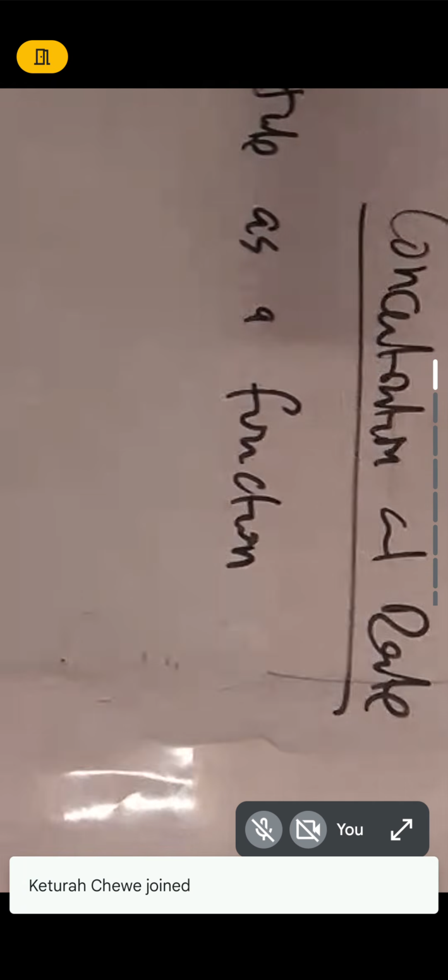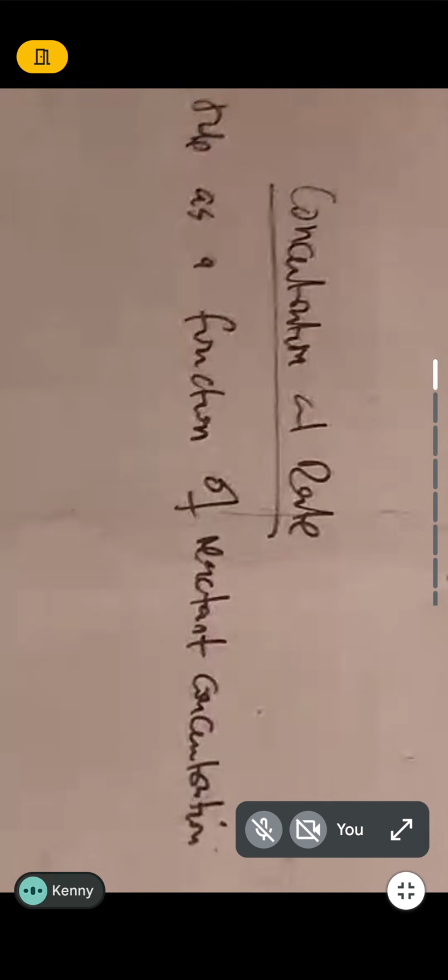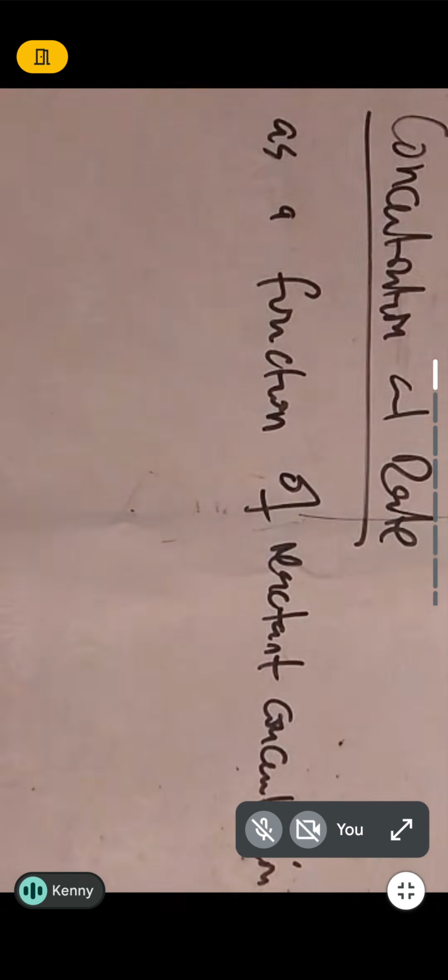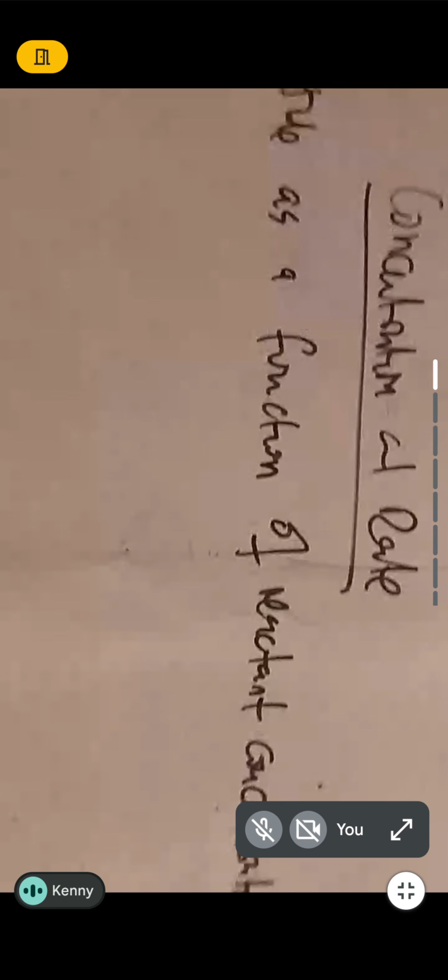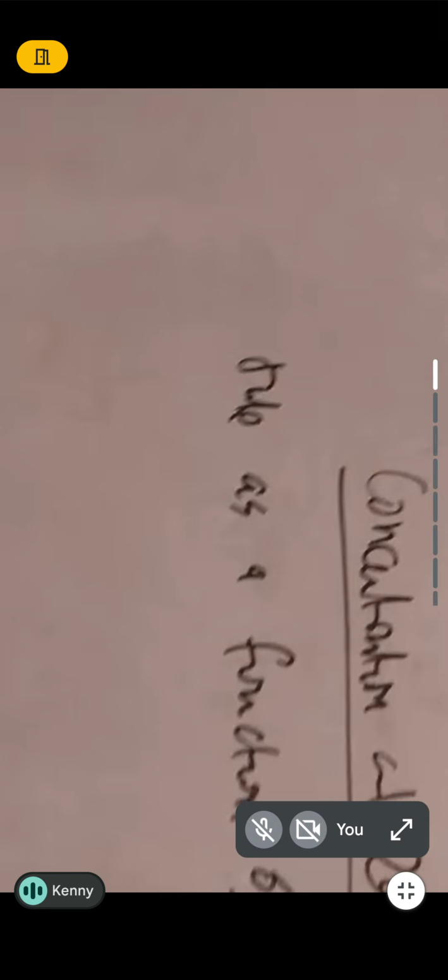Rate as a function of reactant concentration is what we call rate law.